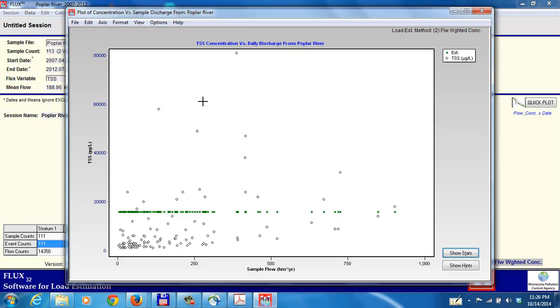And you can see here there's the sample data, and then the estimate with method 2 is the weighted concentration. So this horizontal line just says basically that for all flows within the single strata, regardless of the flow, because it's for the entire range of flow, the concentration will be the value that's given here of about 17,000 micrograms per liter of TSS.